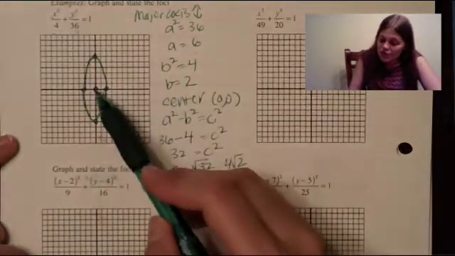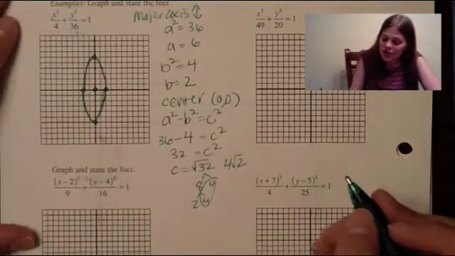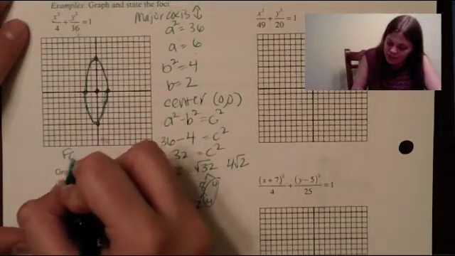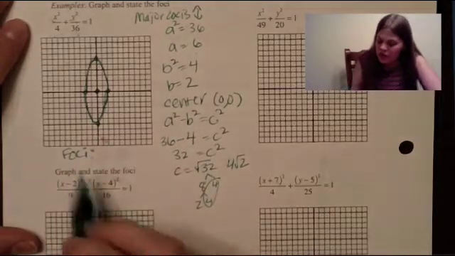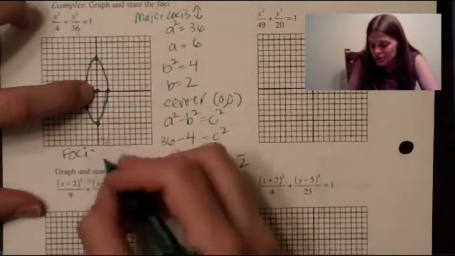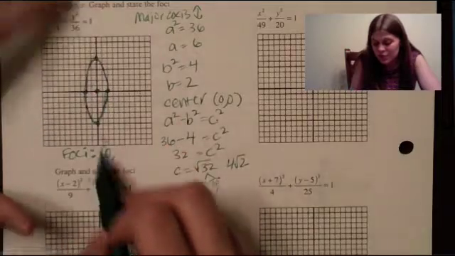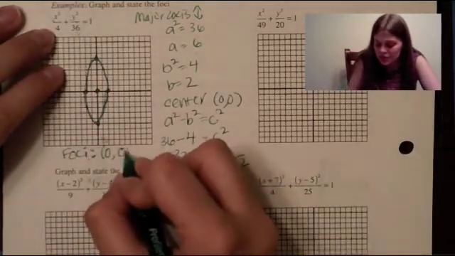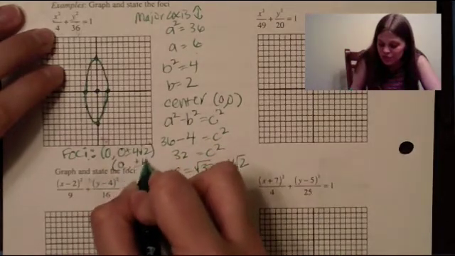So since our major axis is up and down, in order to find the exact location of the foci, I'm going to take the center. I'm going to take the center and I'm going to move up by c and down by c. So I'm going to start at 0. I'm not moving left or right because the foci is up and down. And then I'm going to take 0 plus or minus 4 root 2, which just turns it into 0, plus or minus 4 root 2.